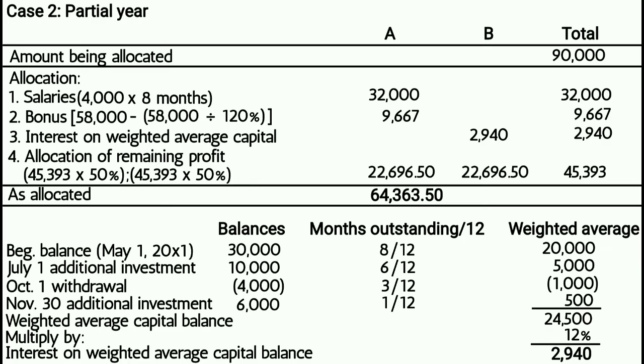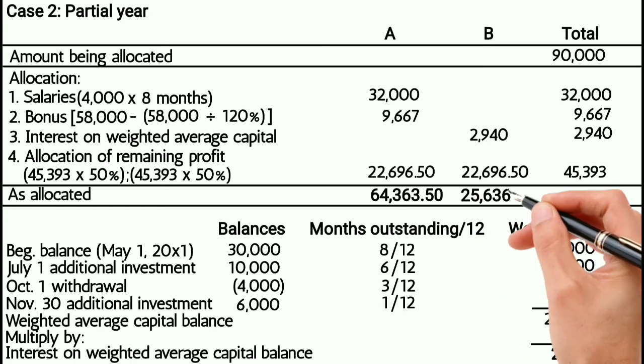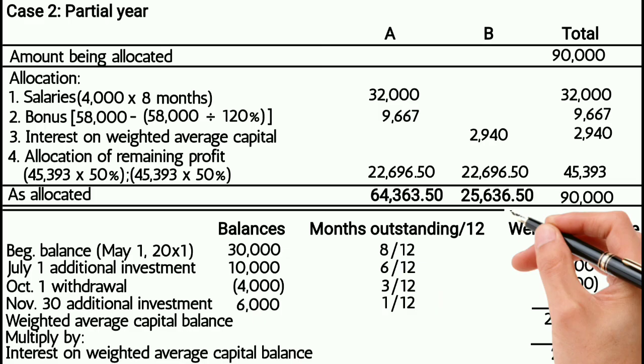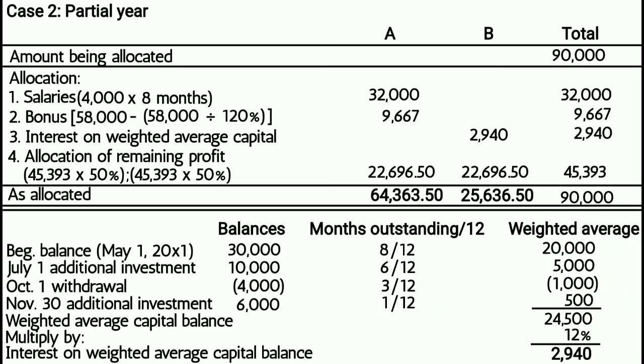For B, 2,940 plus 22,696.50. Ilan yan? 25,636.50 for a total of 90,000 pesos. Since alam na natin yung respective shares ng partners, we can now provide the journal entry.